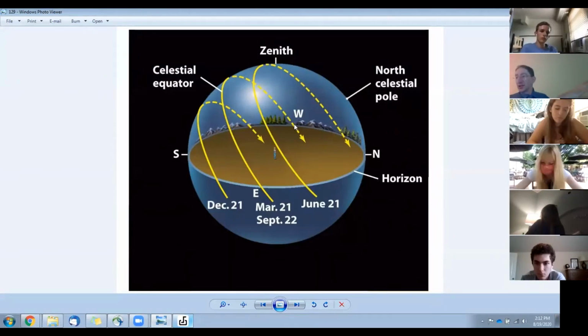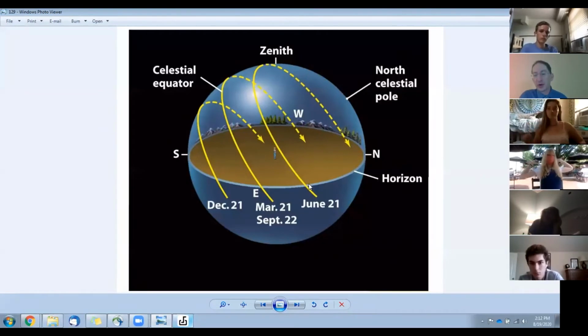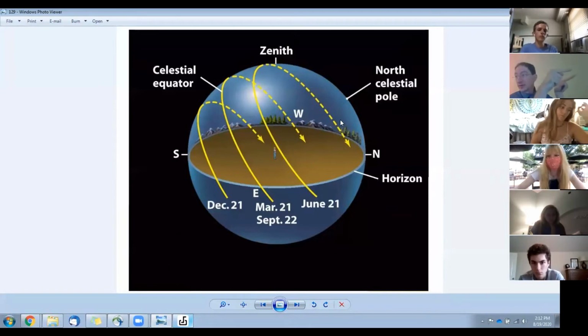Now, let's say the sun's over there. In summer, the Earth is tipped towards the sun, so the sun will be higher in our sky. It will rise north of east, spend a long time up in the sky, and then just a little bit of time below ground, sets north of west. Again, if the sun's over there, for our winter, our hemisphere is tipped away from the sun.